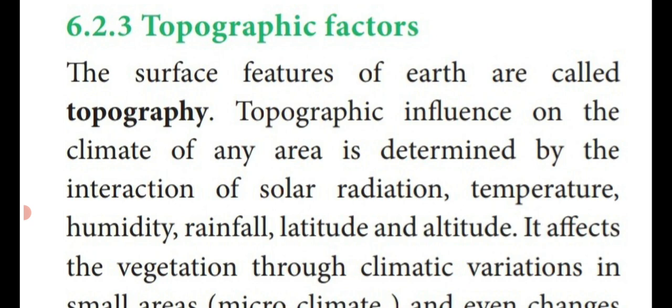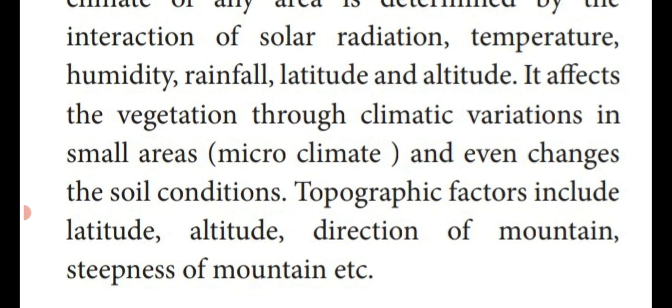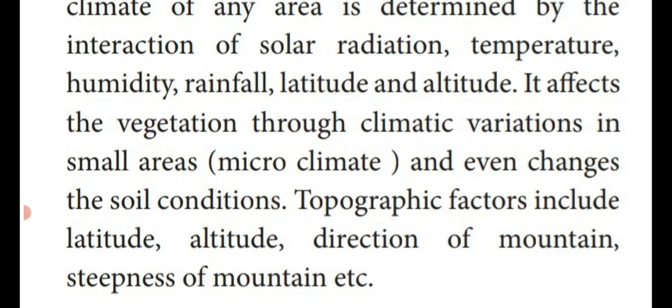So these different climatic surface feature is also responsible for the growth of a plant, such as solar radiation, temperature, humidity, rainfall, latitude and altitude. Dear students, these surface feature which affects the vegetation through climatic variation in small areas.